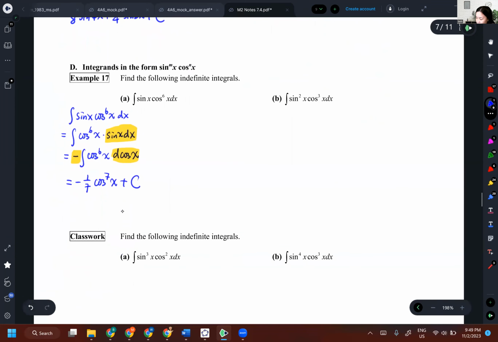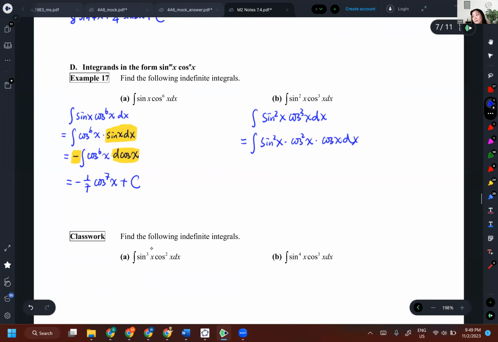Another example I'll show you. This one again, you have sine square and cosine cube. Again, the power, one is even, the other one is odd. And you will put the odd one next to the one you want. That's the sine. And then this one will become cosine squared and then cosine x dx.